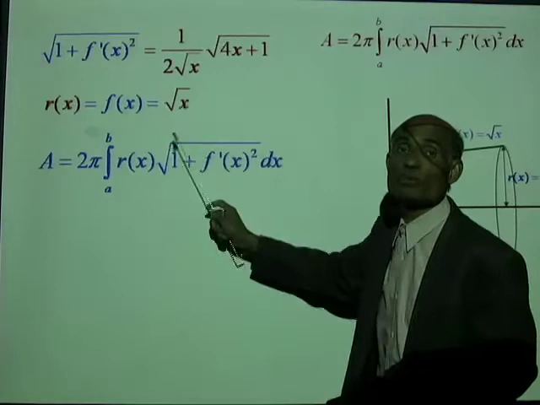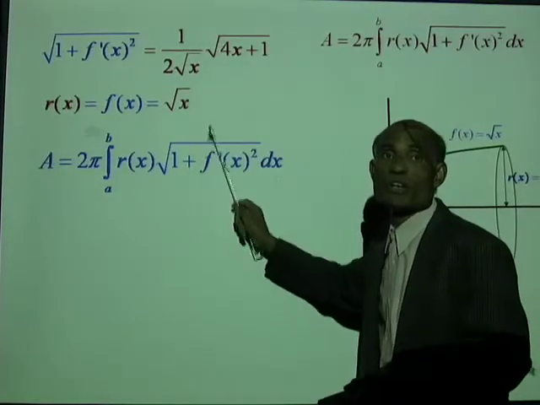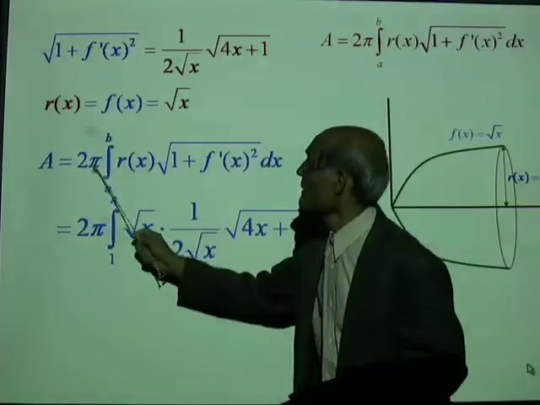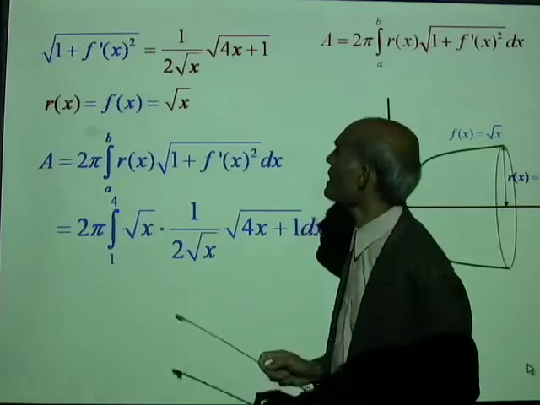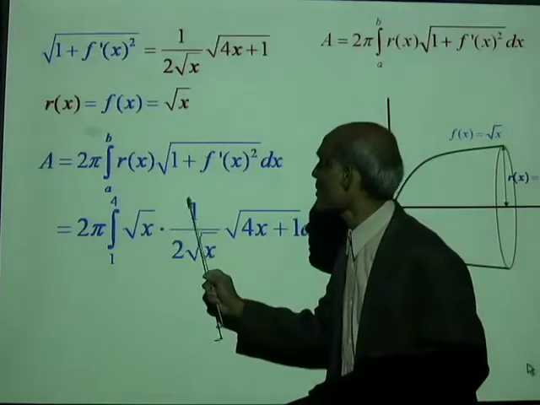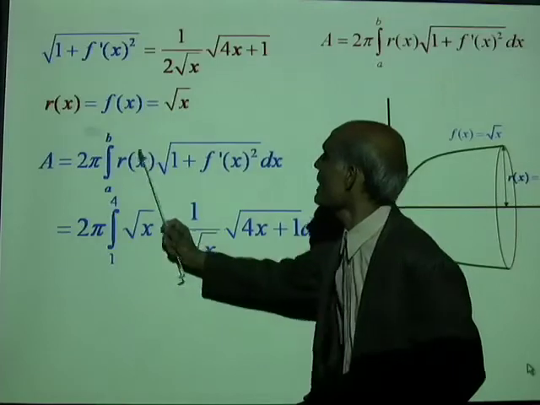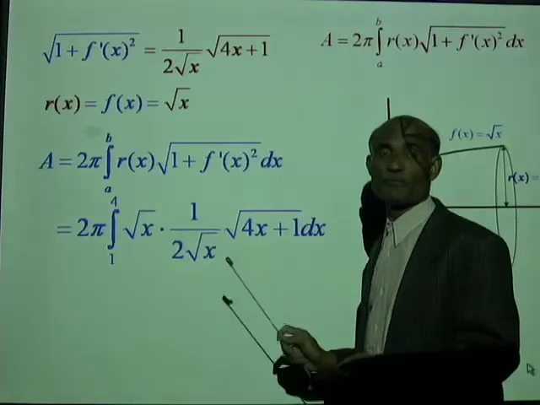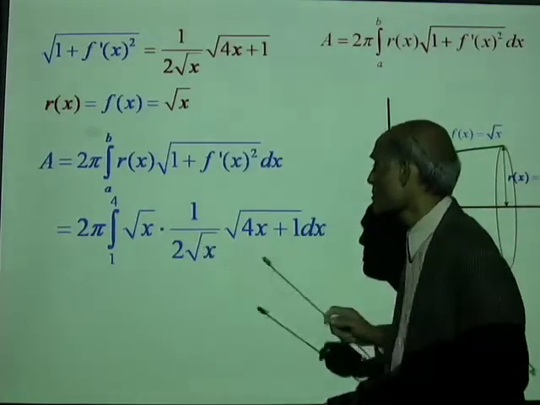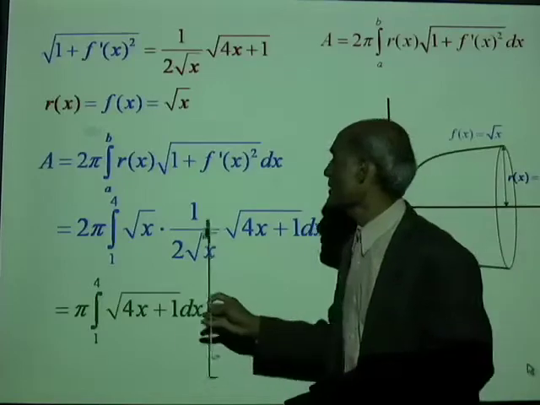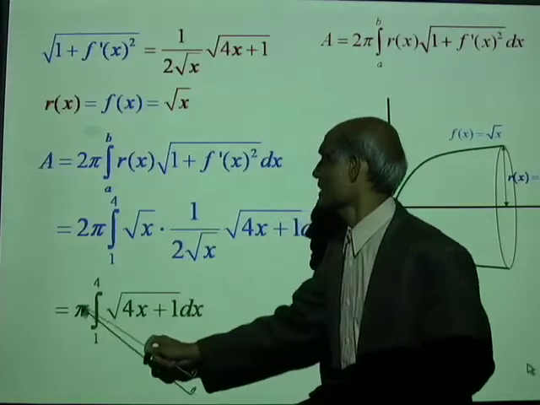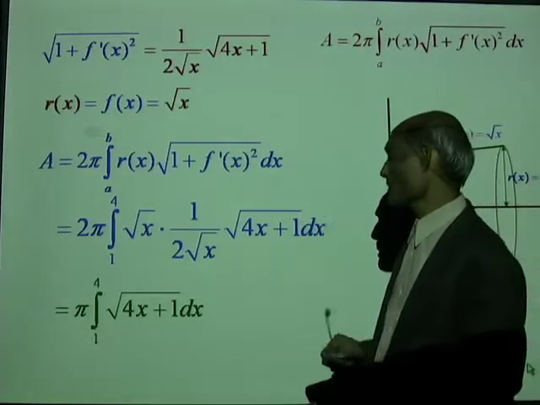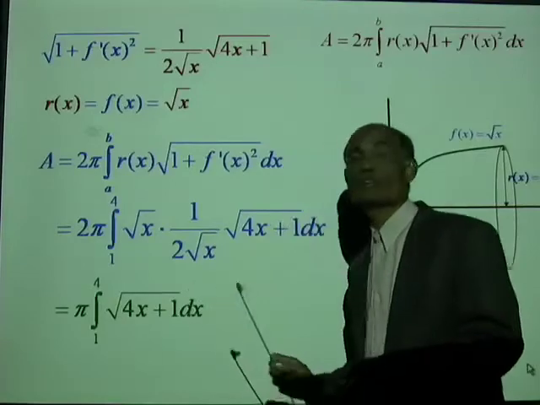R of x is square root of x, and this quantity is simplified like this. So that would be 2 pi integral 1 to 4, 1 over 2 square root x, well, r of x is square root of x, times this quantity. You can see square root x and square root x will cancel, and the 2 and that 2 will cancel, leaving us pi integral 1 to 4 of square root of 4x plus 1 dx.